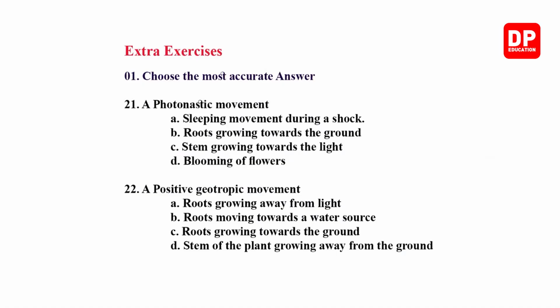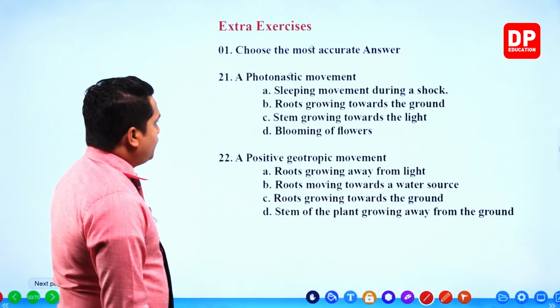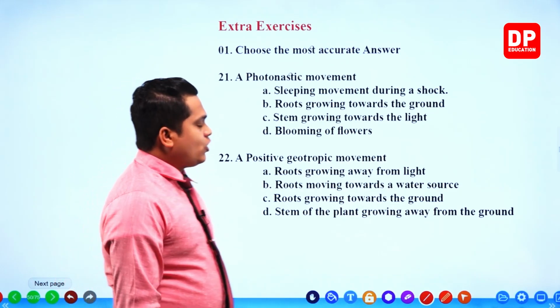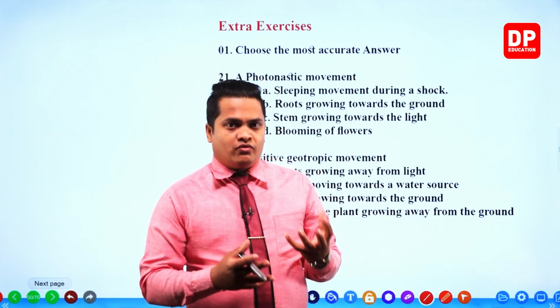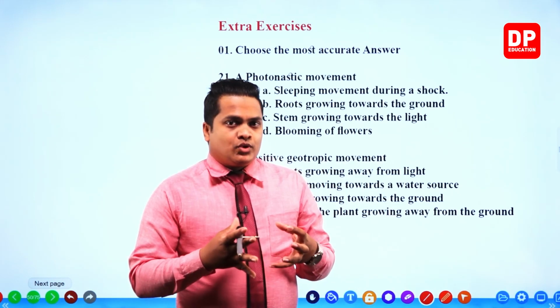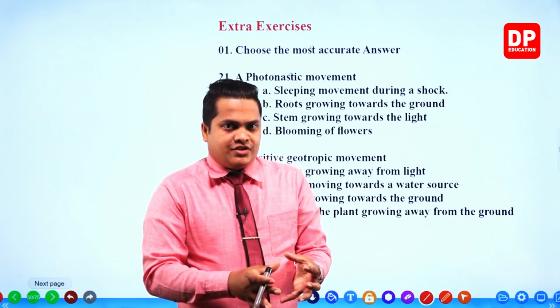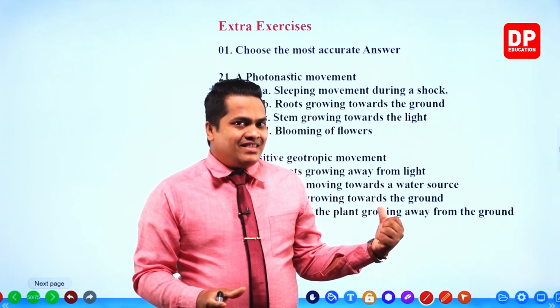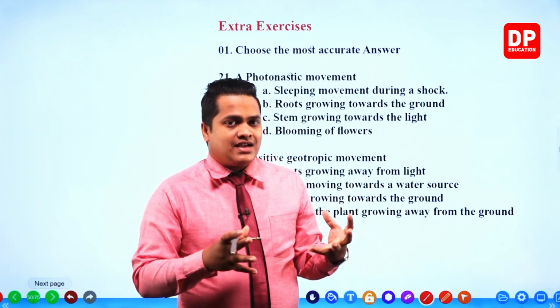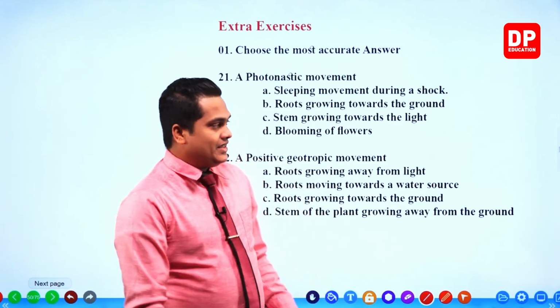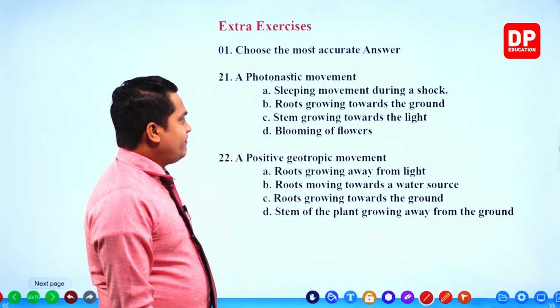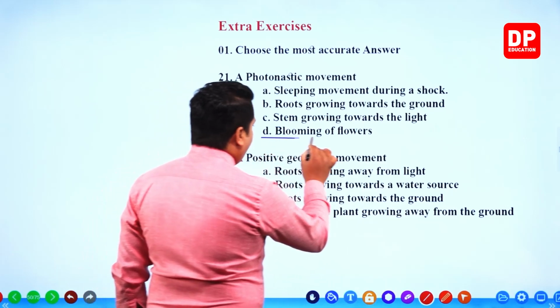Next one, a photonastic movement. Now my dear children, photonastic movement means this nastic movement is going to depend on light. Like I said in the earlier case, a good example for a photonastic movement is blooming of flowers.